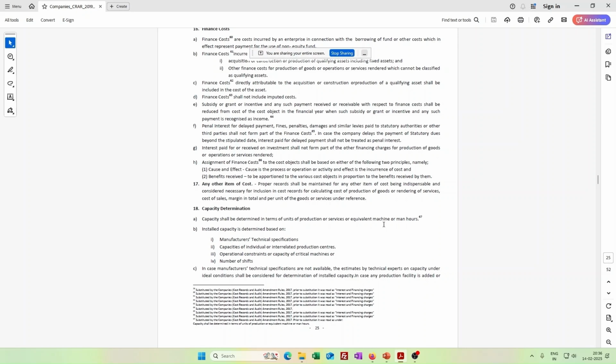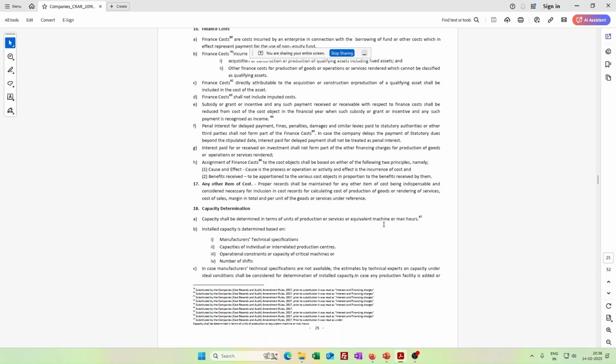In the power industry, the generation plan determines the capacity. If the generation plan of the company is to produce 12 megawatt, that will be the capacity.